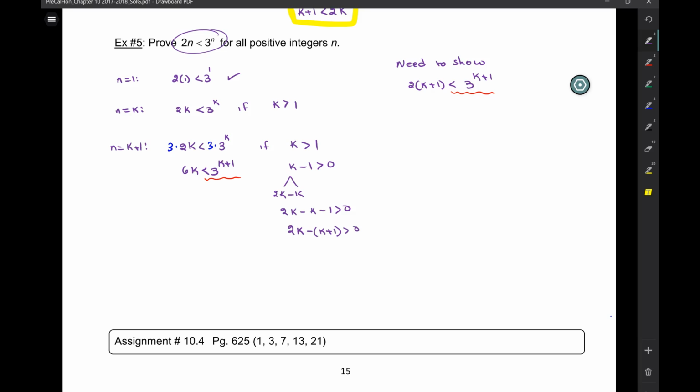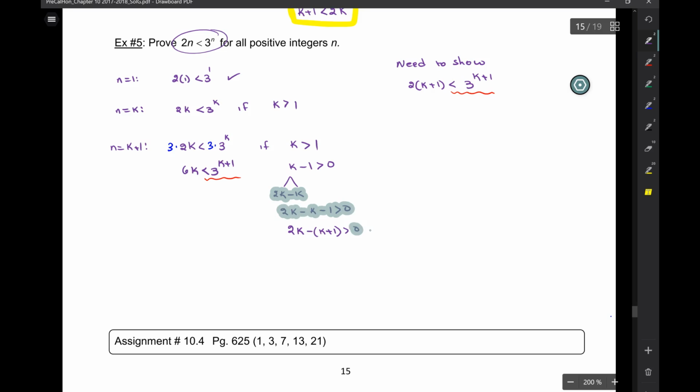Oh, here's why it doesn't work. I need to have 2k plus 1, but I don't have a 2 here, so I need a 2 here. That means instead of 2k minus k, I need to do something minus 2k. Why don't I just do 4k minus 2k?